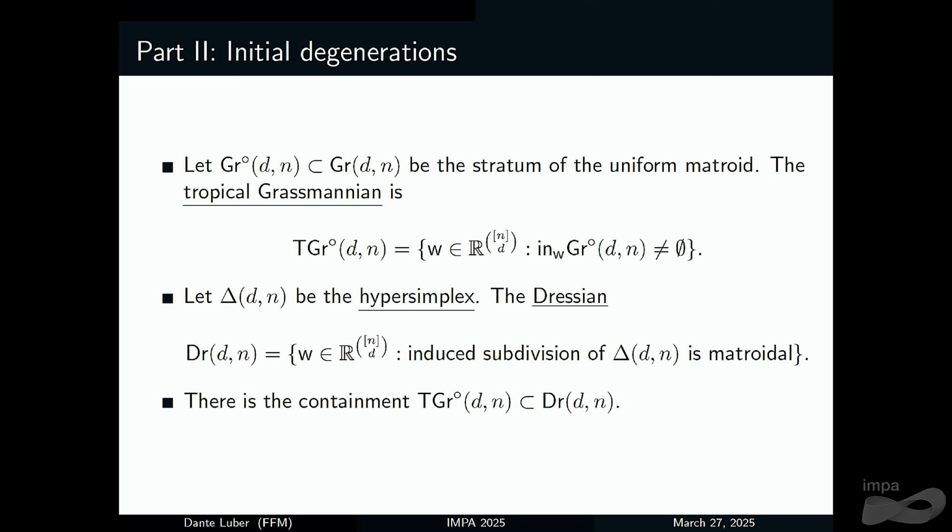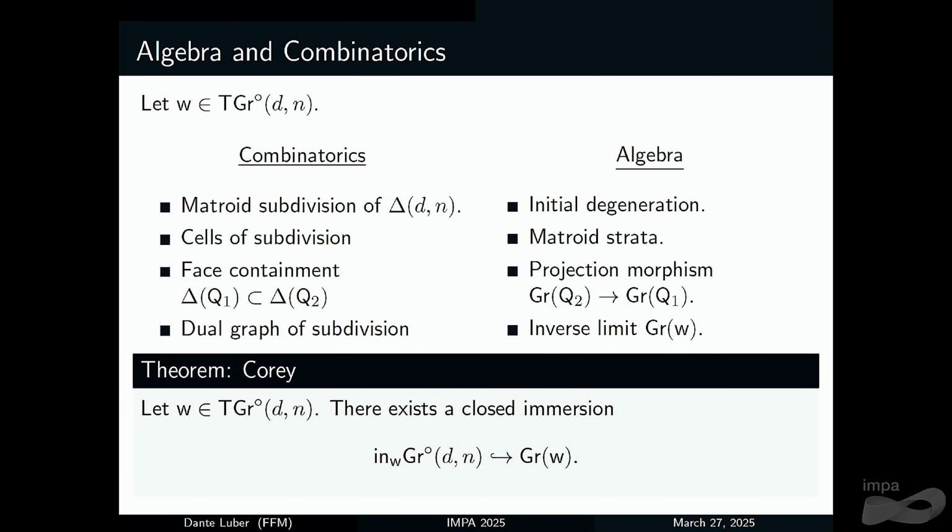And it turns out that there's this containment of the tropical Grassmannian in the Dressian. So what that means is that if we have a non-empty initial degeneration, that gives us a matroid subdivision of the hypersimplex. So we get this interplay between algebra and combinatorics.